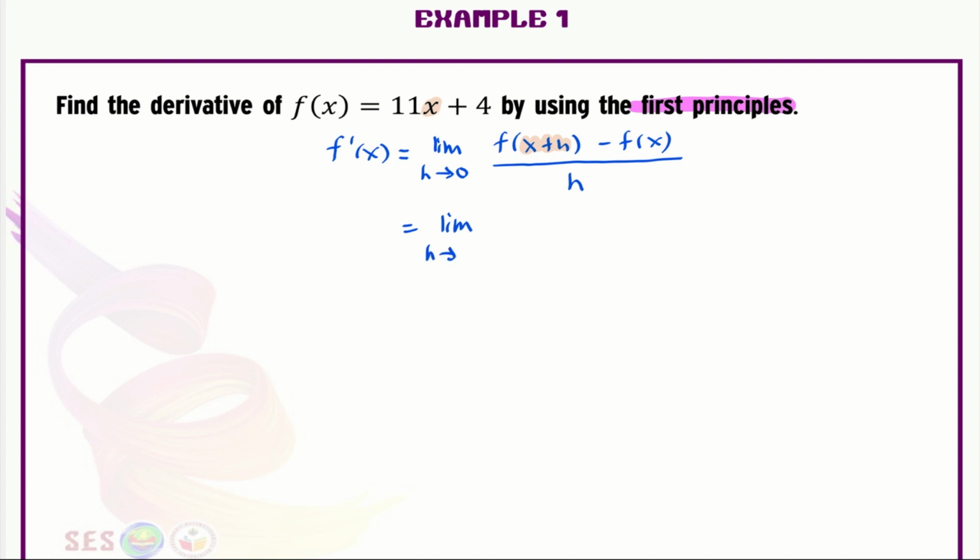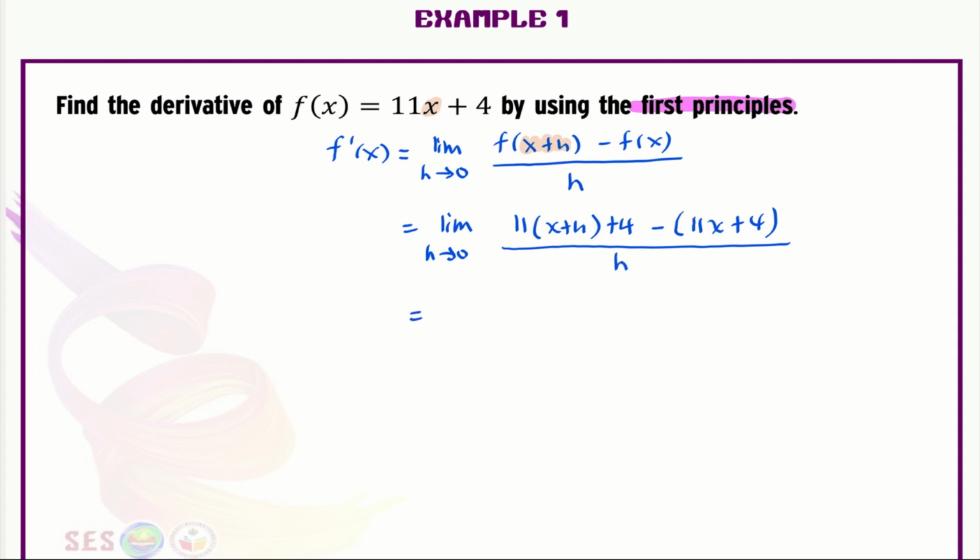We have 11, and now the x is not x, it is x plus h. Plus 4 is still there because it's still in f(x). Then minus f(x), the original question 11x plus 4, don't forget to put the bracket, with everything divided by h.